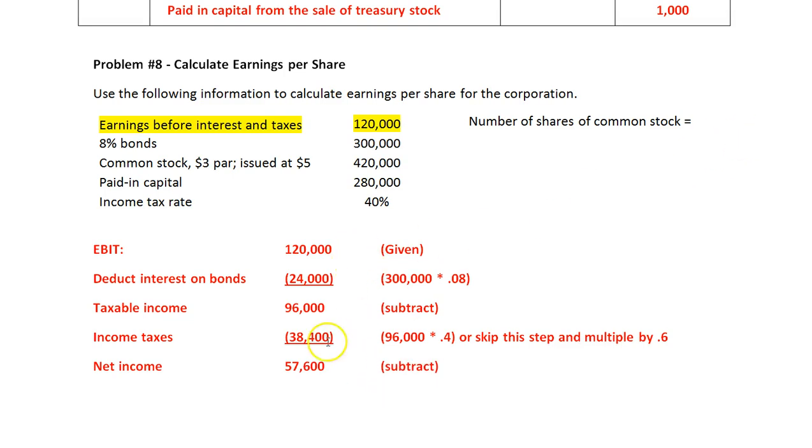Alright, before we can calculate earnings per share, we need to know the number of shares of common stock. The total amount is 420,000, and since common stock is issued at par, we can divide through by the par number and get to the number of shares.